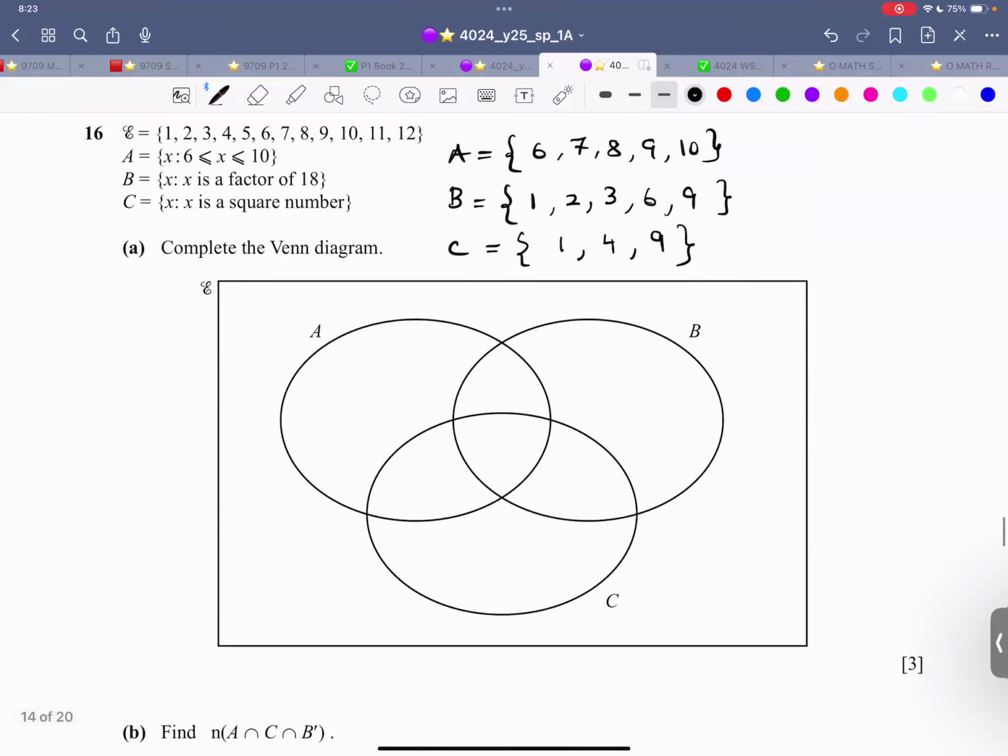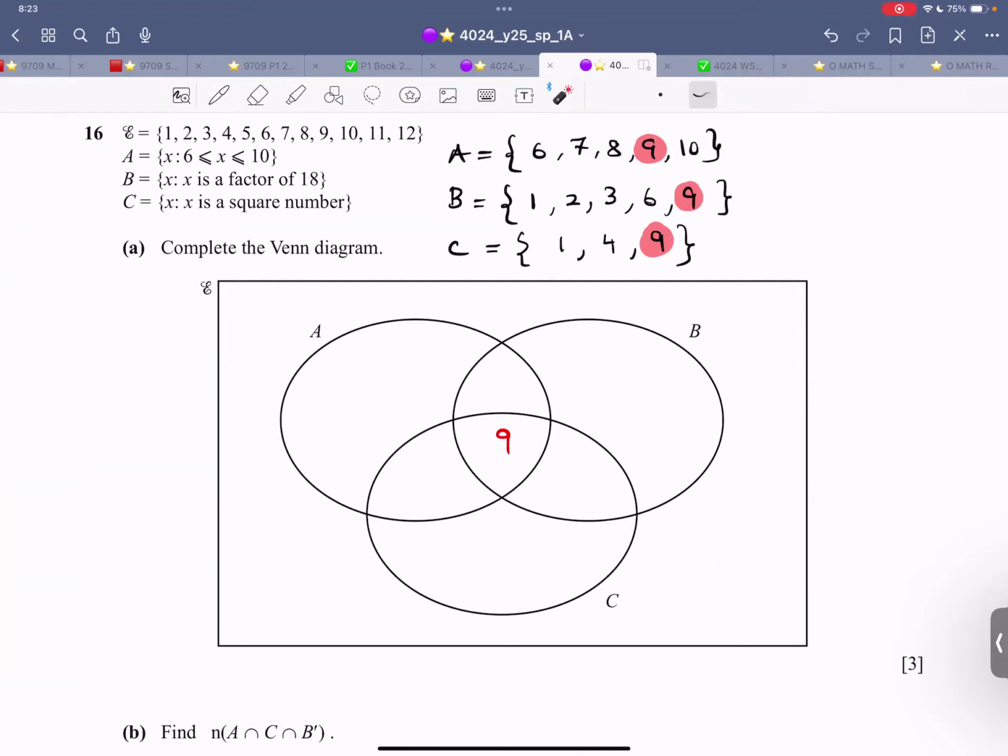Complete the Venn diagram. Now, first of all, let's focus on the common thing. 9 is common. I think 9 should go exactly in the middle, right? Like over here. So this is 9 over here. Now, is there anything common between A and B?